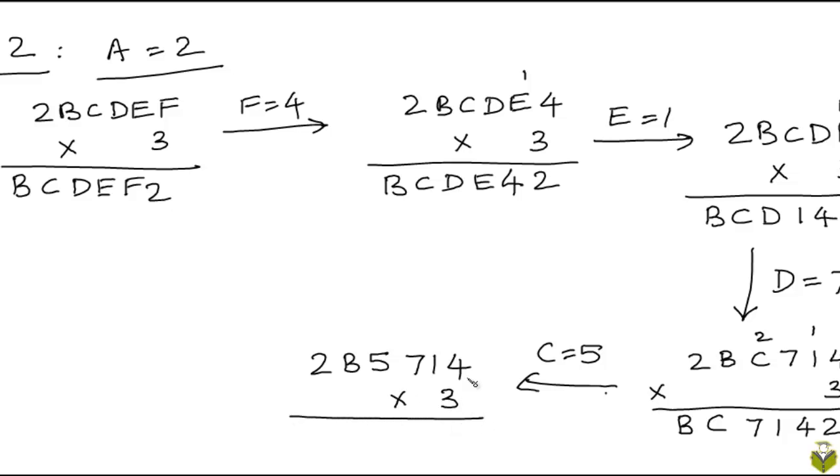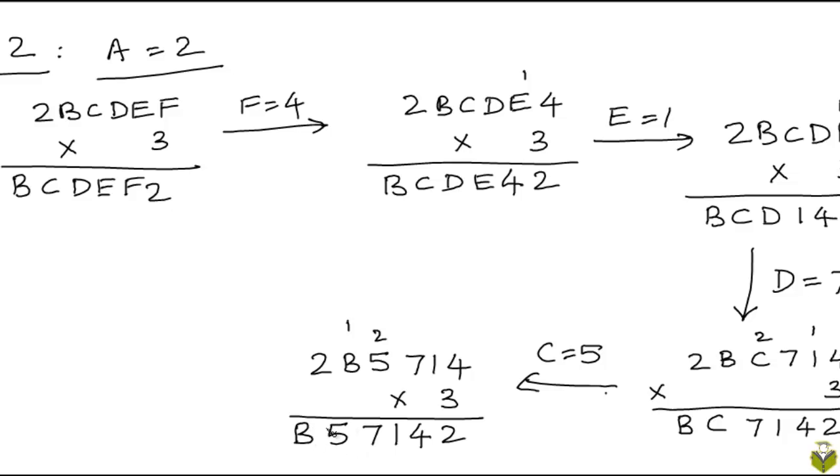3 times 4 is 12. 3 times 7 is 21. 3 times 5 is 15 plus 2 is 17. And since C was 5, I should replace this C by a 5 here and a B here.